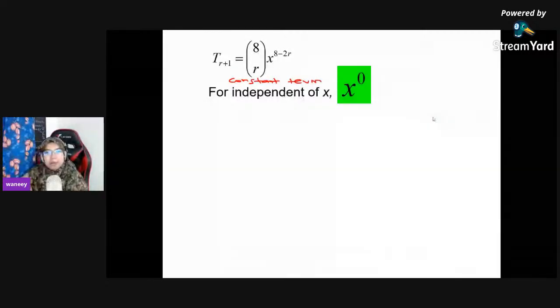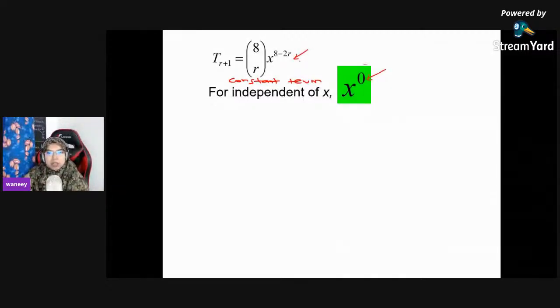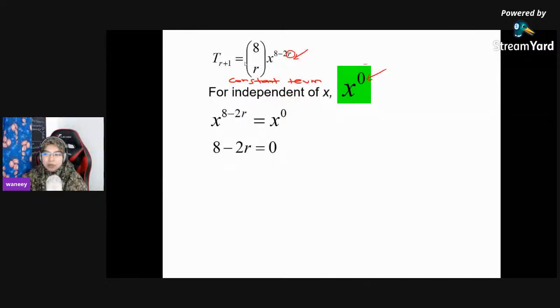So you will compare x to the power of 0 with x to the power of 8 minus 2r. Do find out what is the value of r. Okay, so compare the index. We should be able to see 8 minus 2r is equal to 0. So that means r must be equal to 4.